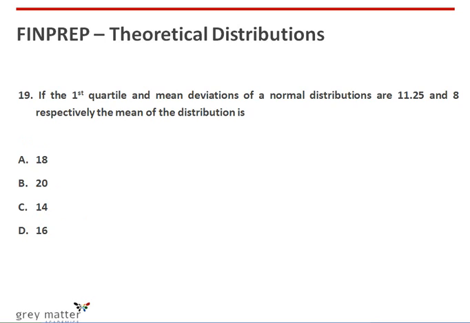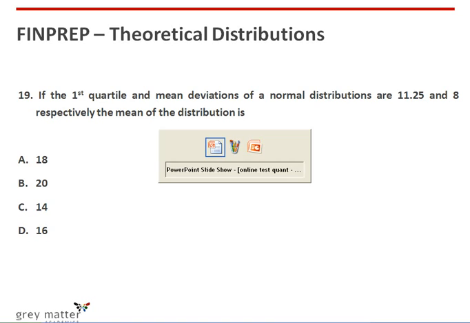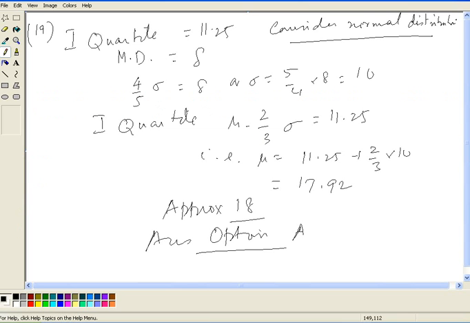19th problem, if the first quartile and mean deviation of a normal distribution are 11.25 and 8 respectively, the mean of the distribution, that is mu, is worked out as follows. First quartile is given to be 11.25, considering normal distribution. Mean deviation is given to be 8. Now we all know that in a normal distribution, 4/5 of a standard deviation, sigma, equals 8, so we calculate standard deviation to be 10.